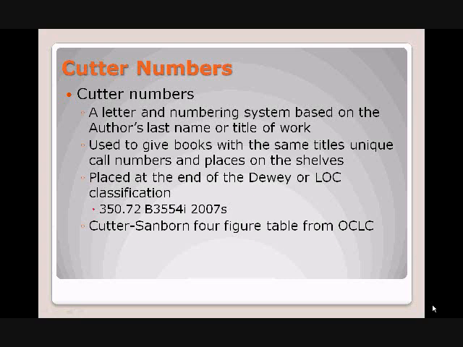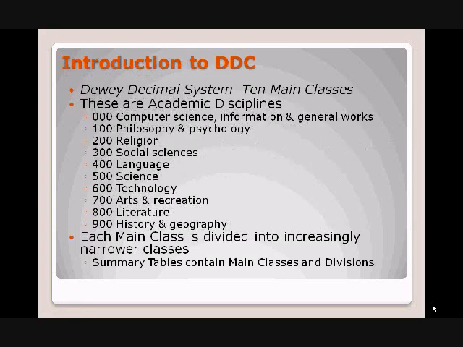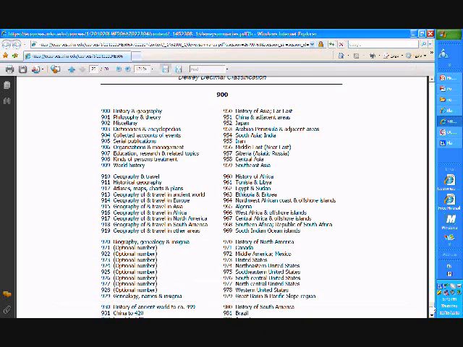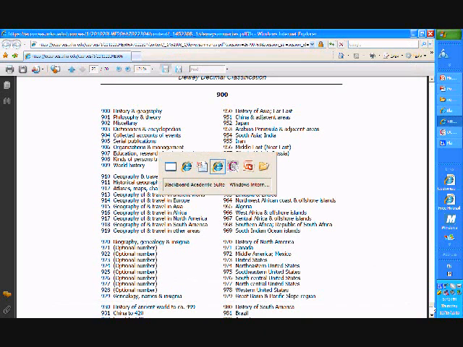So, let's take a look at where you can find the cutter number. You can download the cutter number program from the external links area. You can see down here, download this program and install it on your computer.